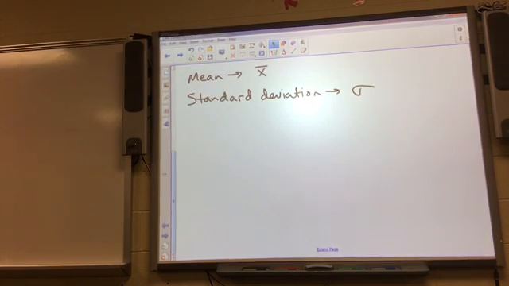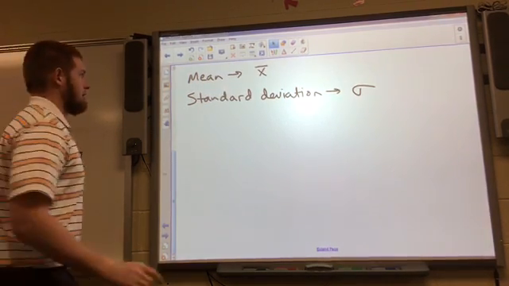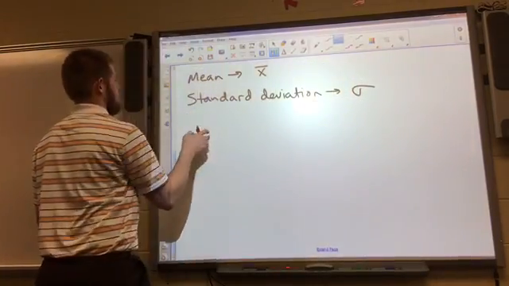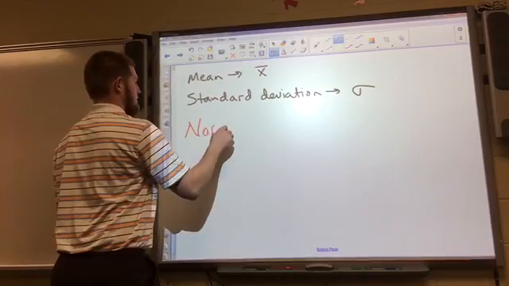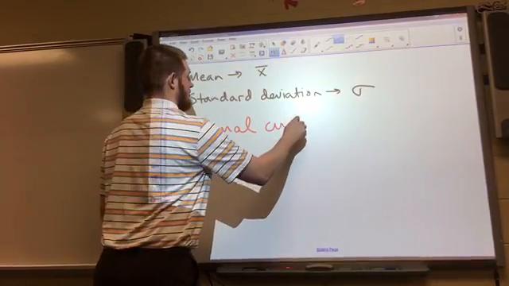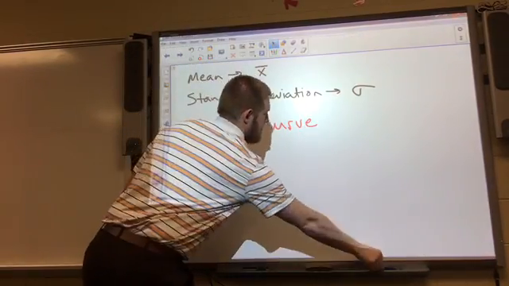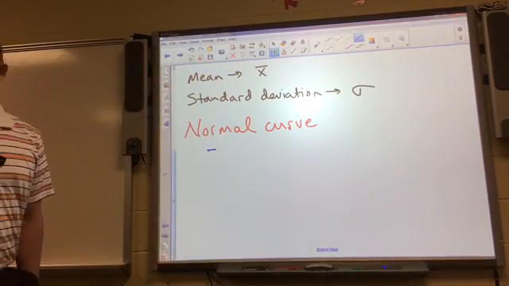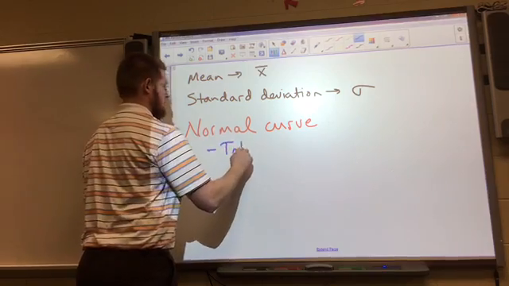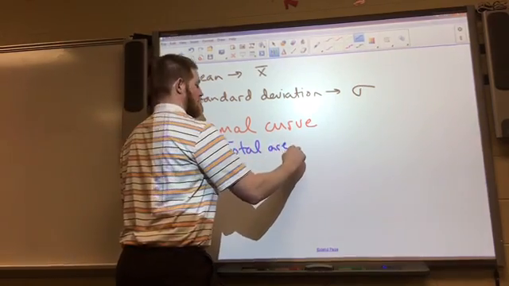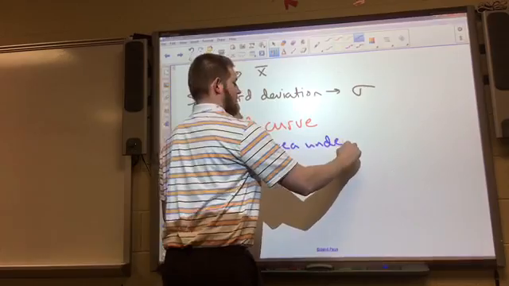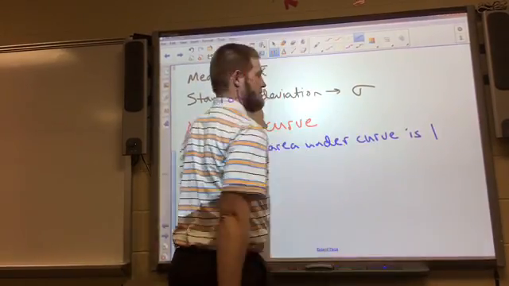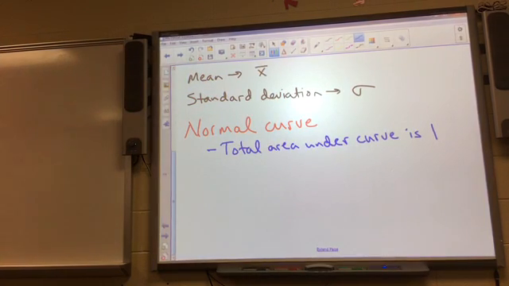Okay, so all of this goes with your normal curve. We have a few rules here. First rule, your total area under your curve is 1.